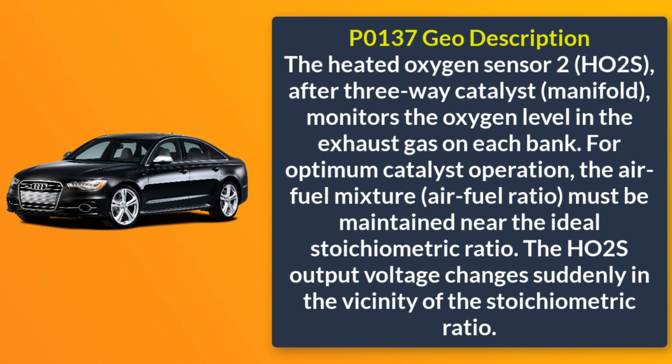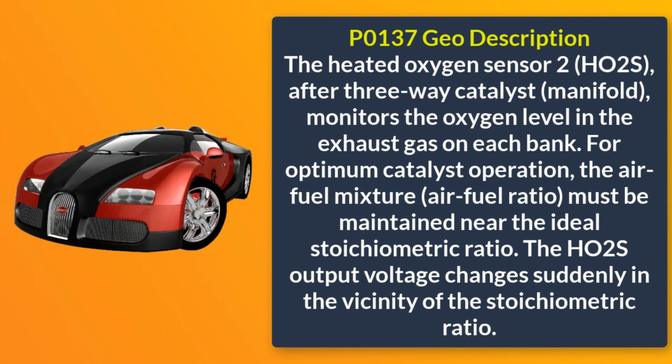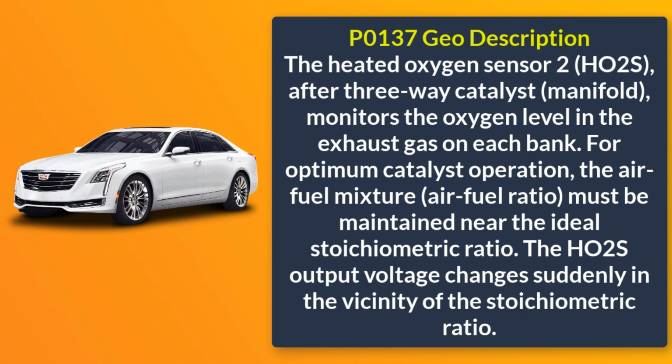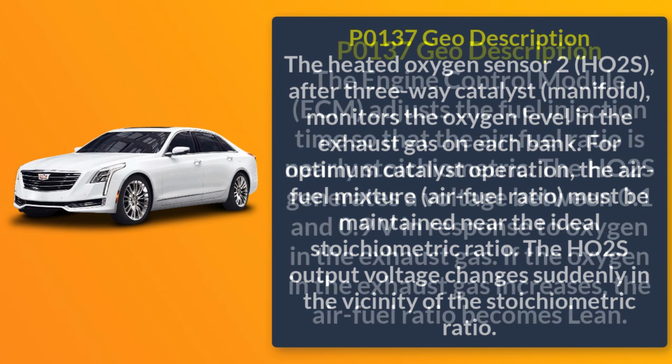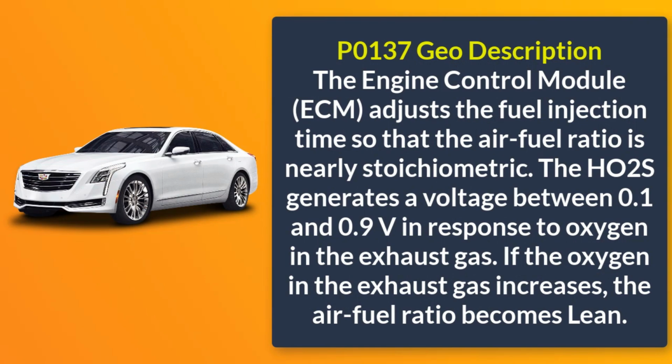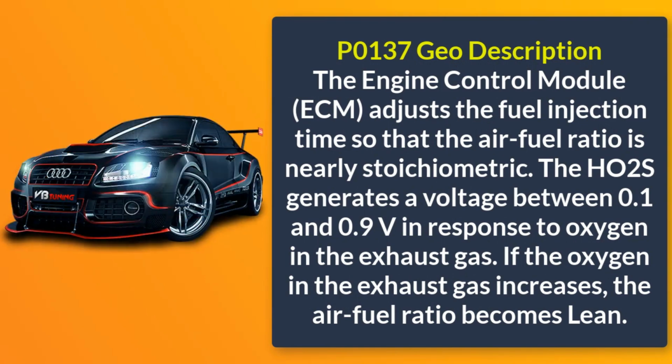The air-fuel ratio must be maintained near the ideal stoichiometric ratio. The HO2S output voltage changes suddenly in the vicinity of the stoichiometric ratio. The engine control module adjusts the fuel injection time so that the air-fuel ratio is nearly stoichiometric.